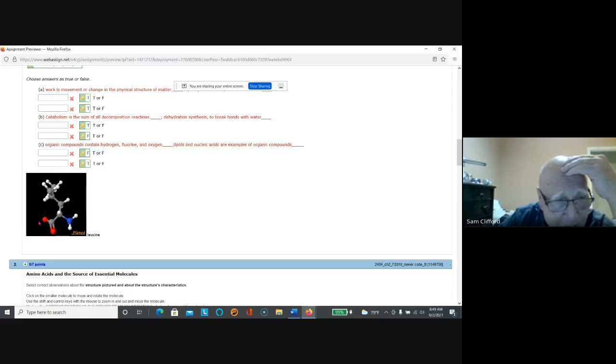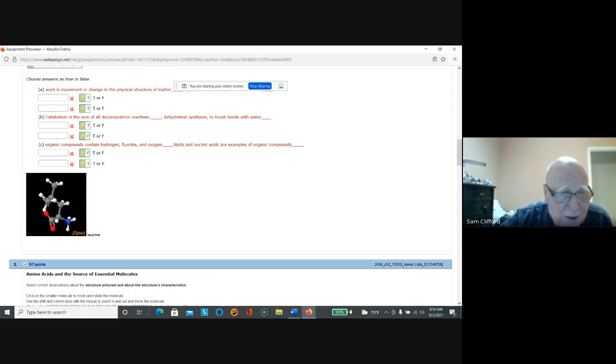The H here has moved to this nitrogen here, but this is your basic structure of an amino acid. So you have a central carbon, you have the carboxyl group, you have the amine group or amino group. They both are used interchangeably. This is the hydrophobic portion of this particular amino acid.